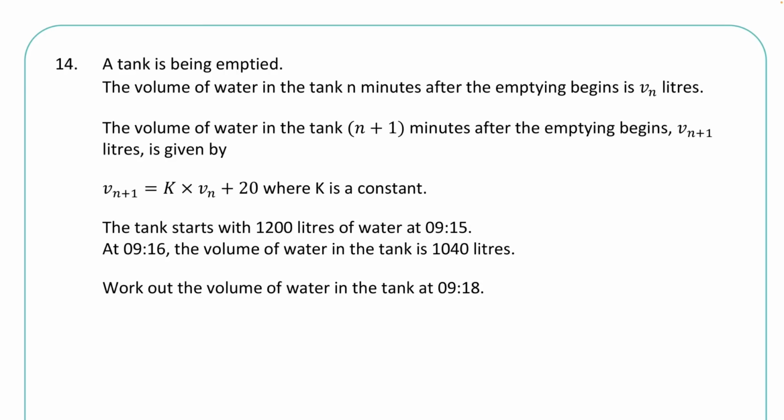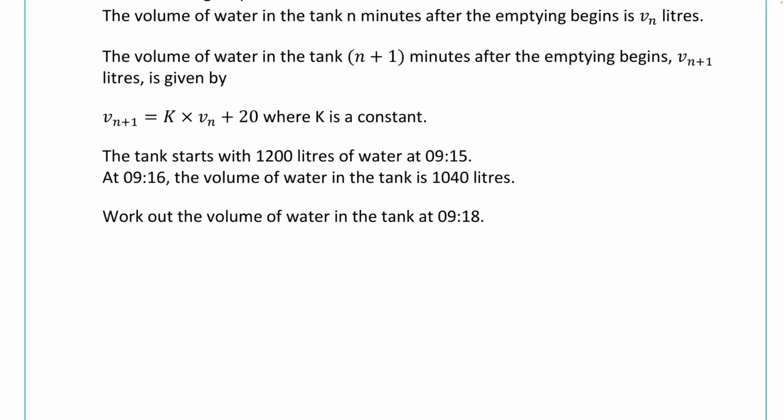It says the tank starts with 1,200 litres of water at 9:15, and at 9:16, so 1 minute later, the volume of water in the tank is 1,040 litres. Find the volume of water in the tank at 9:18. So here we are given the starting amount and the next amount for that first minute.